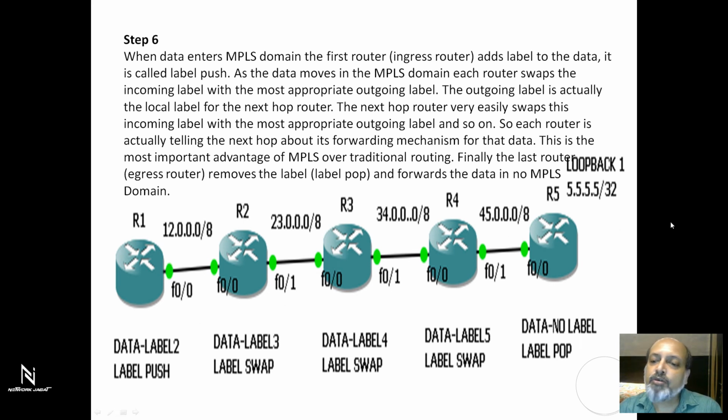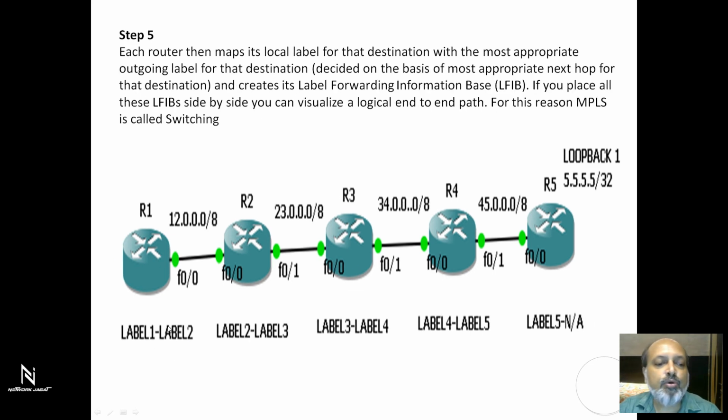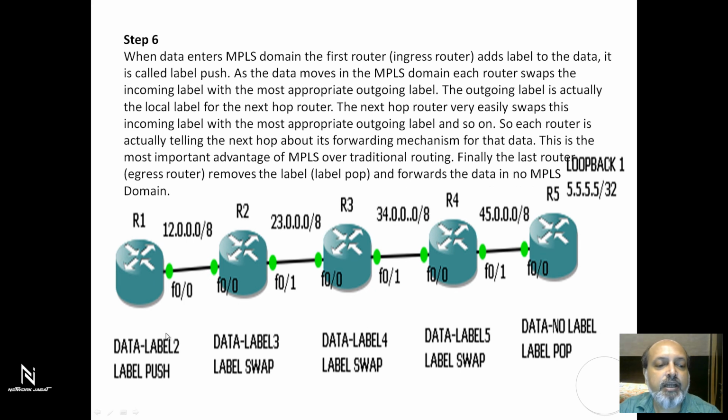So the path is already there. Now when R1 receives data from a non-MPLS domain, R1 will attach label 2. What is label 2? Label 2 is its most appropriate outgoing label. So it will attach label 2 to the data.